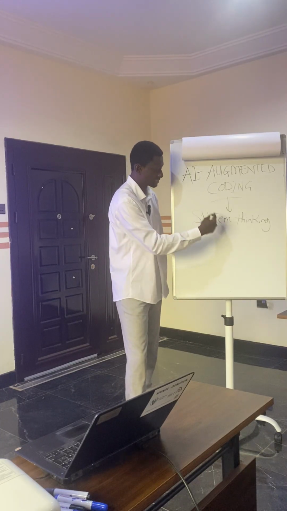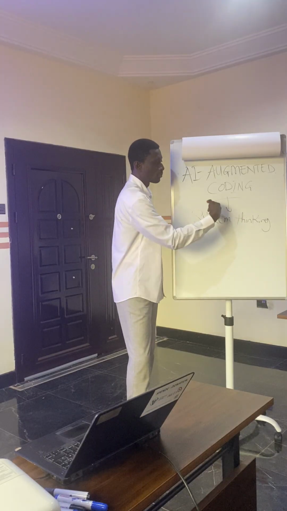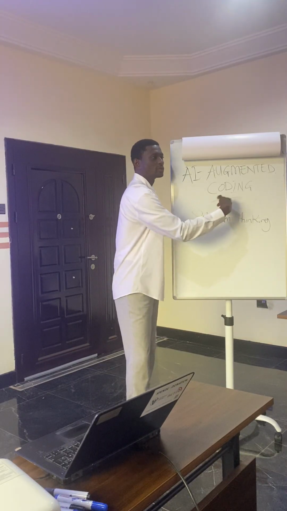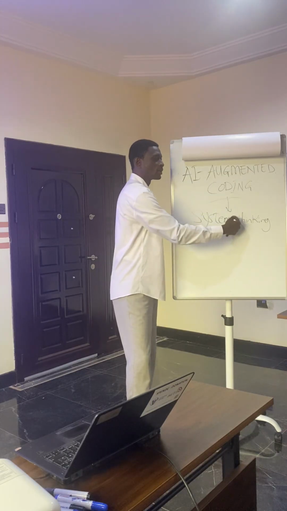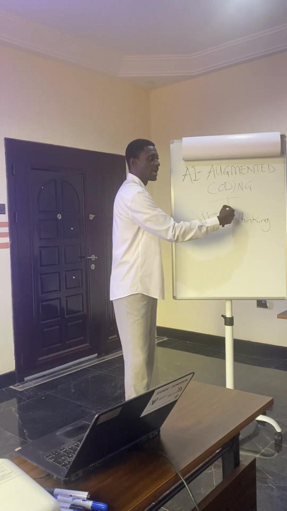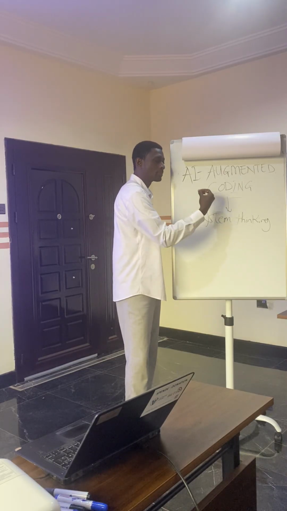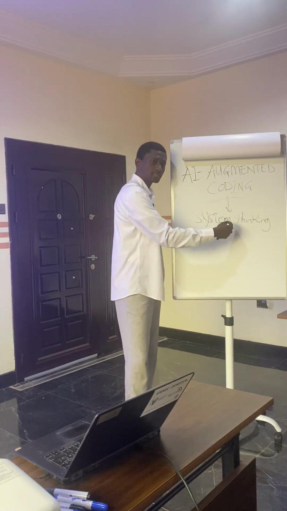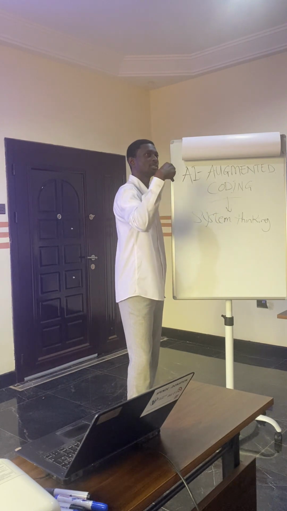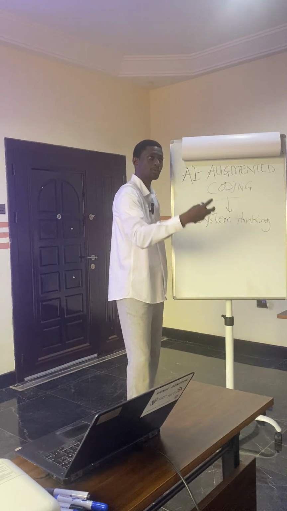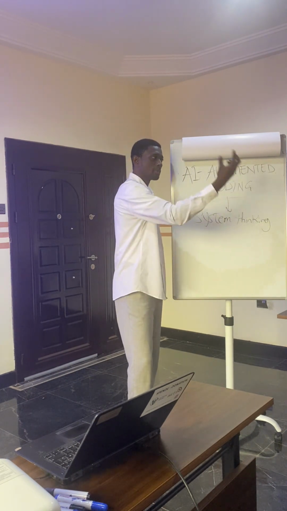But in this class, I want us to think more in terms of systems. How to build systems. Is it web? You want to build websites? How do you think about all the systems needed? Is it robotics? You want to be able to control a robot? Internet of Things? You want a home automation system.